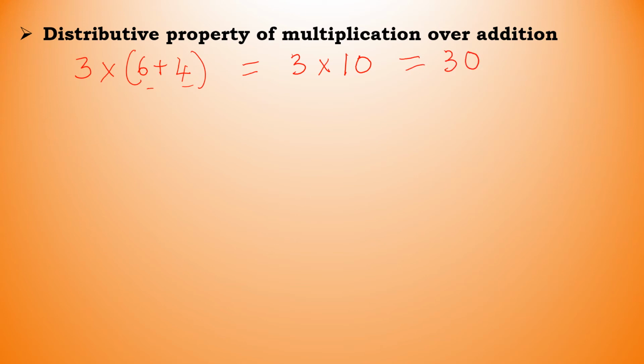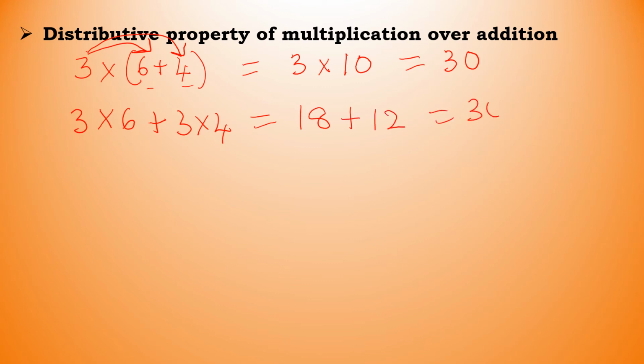How will I apply the distributive property of multiplication over addition for this? I should multiply 3 by 6 plus 3 multiplied by 4. That is equal to 18 plus 12.